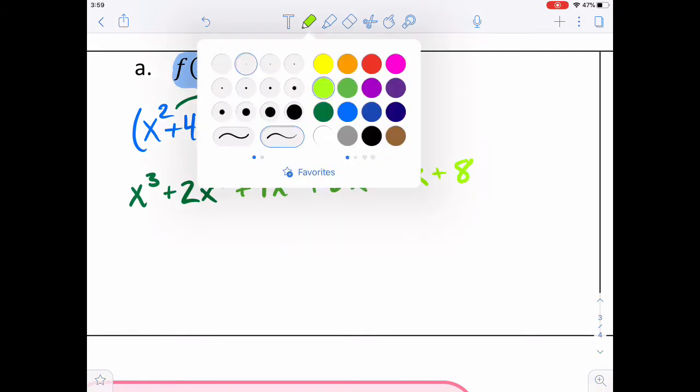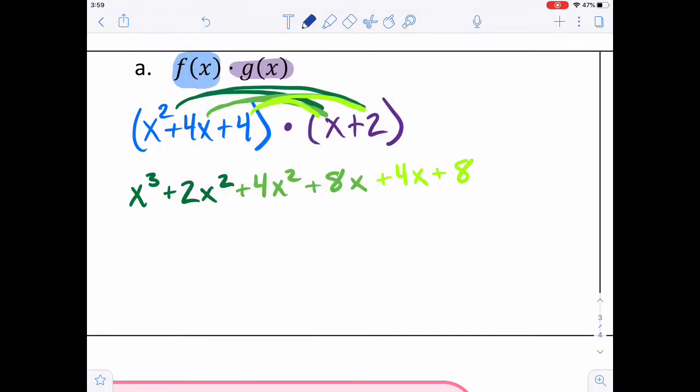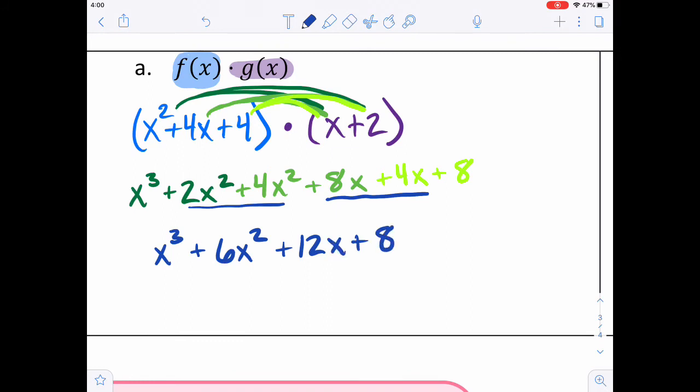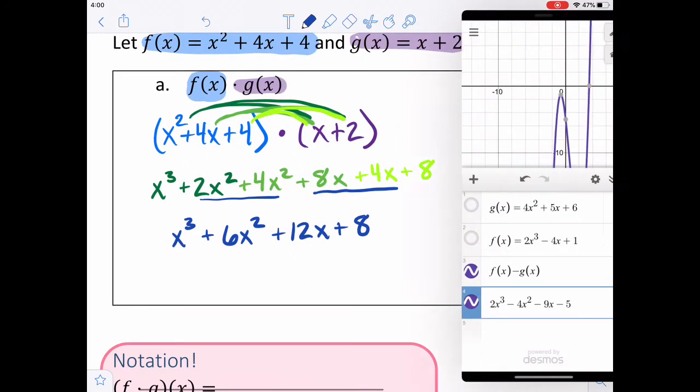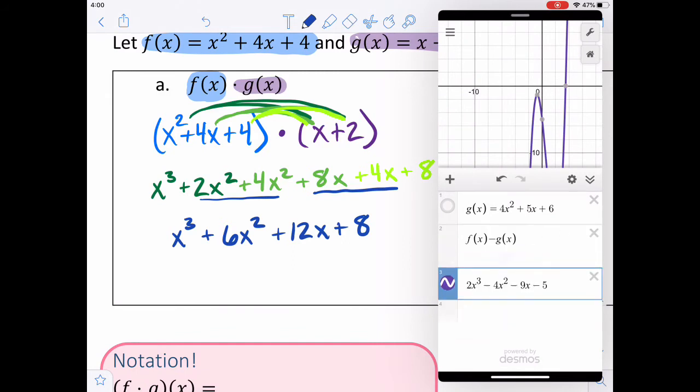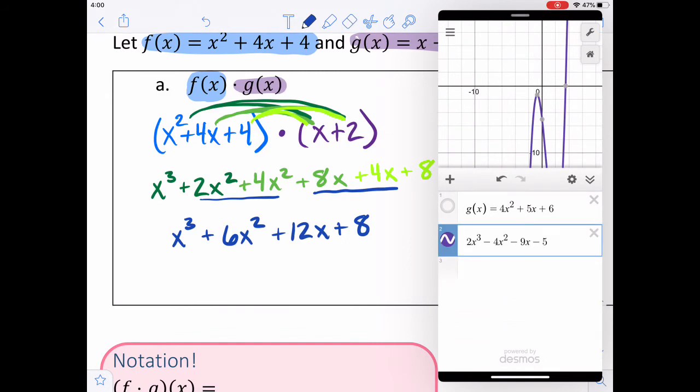And so when we do that, we end up getting x cubed. Gotta combine these two, 6x squared. Combine these two, 12x and plus 8. And then we can check it. Let's check. Oh, let's keep that.